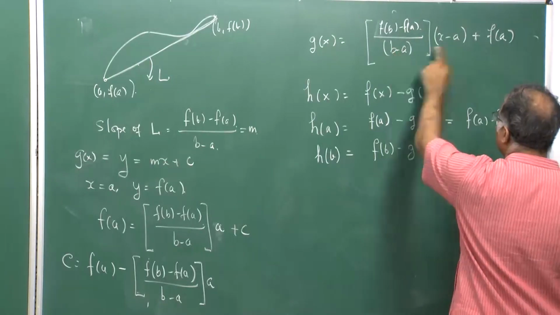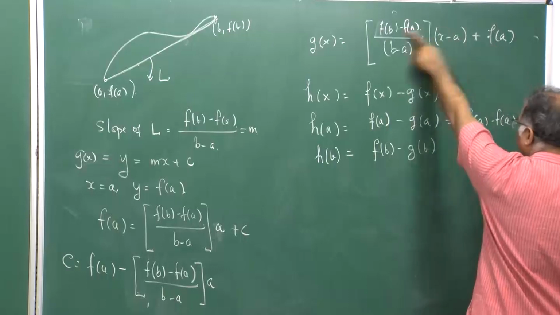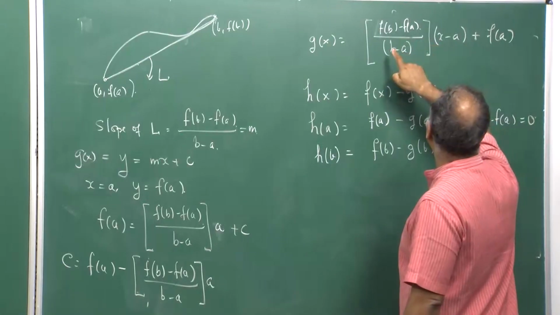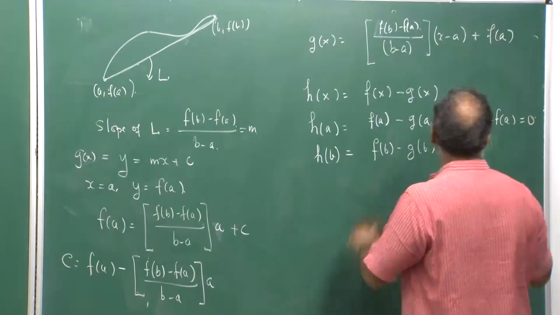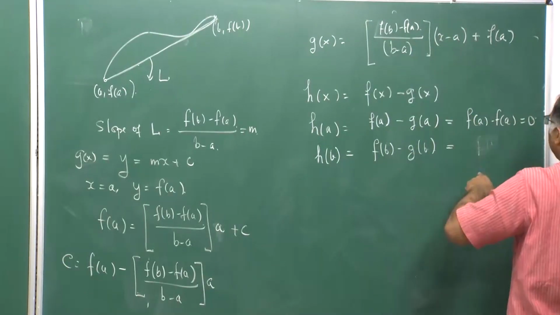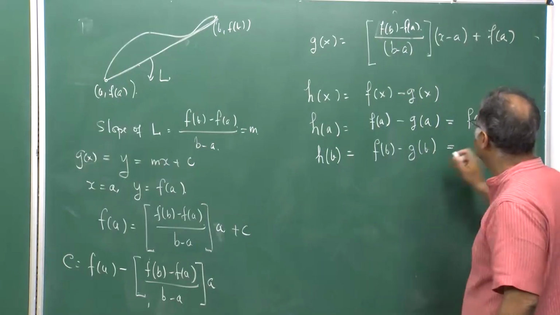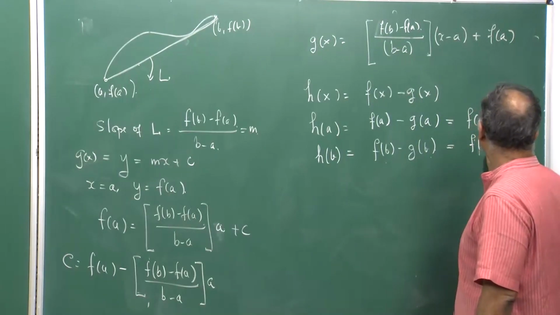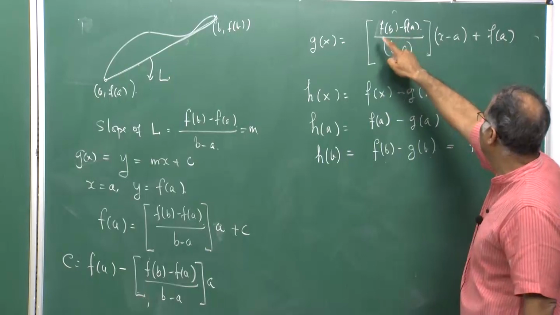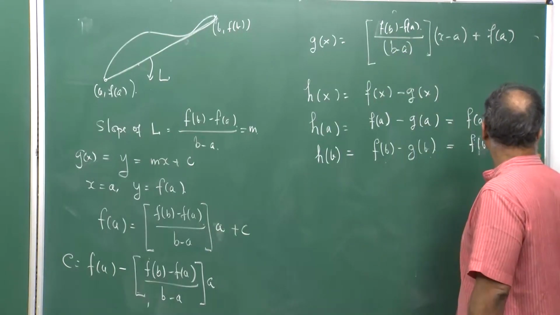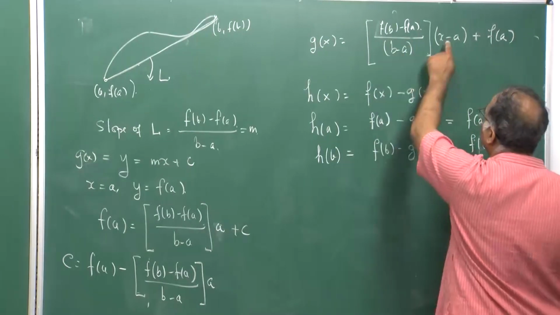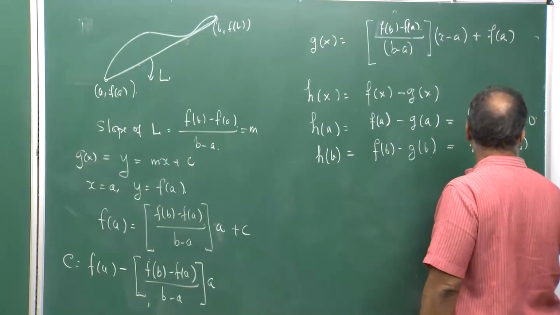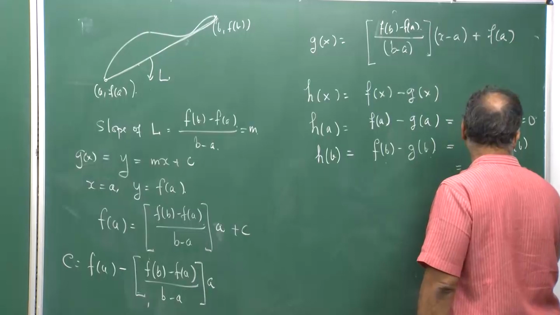If I put x equal to b, b minus a cancels, f(a) cancels, so g(b) is nothing but f(b). So you will have f(b) minus f(b), which is equal to 0.